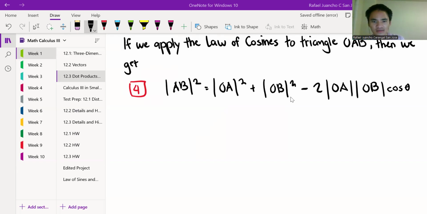And let's say this magnitude OA is A, right?